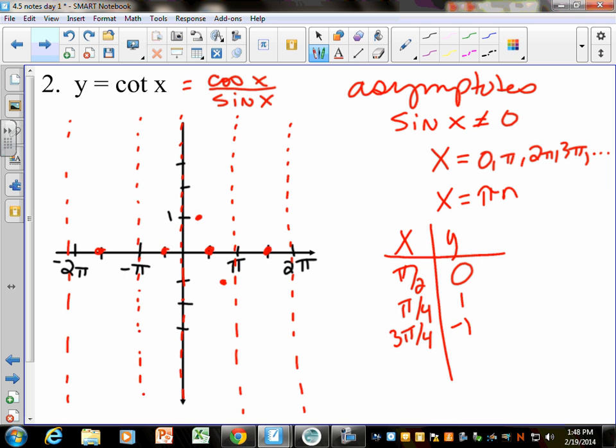So how does cotangent look different than tangent besides the fact that their asymptotes are different? Tangent goes like this, cotangent goes like this. Really easy to mix these up because if the period changes, the asymptotes change as well.